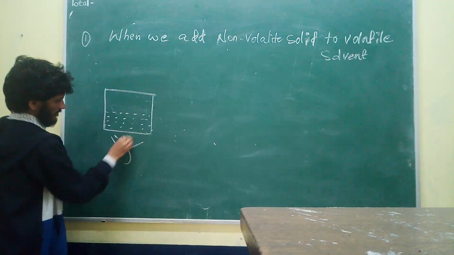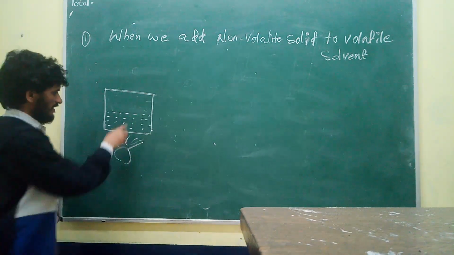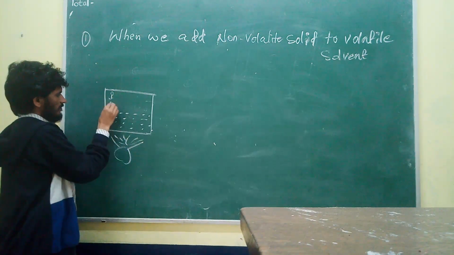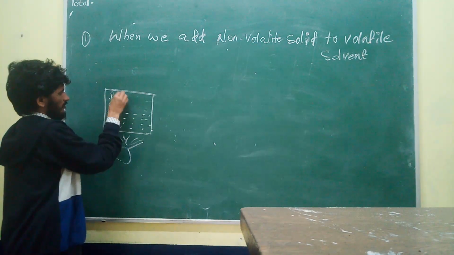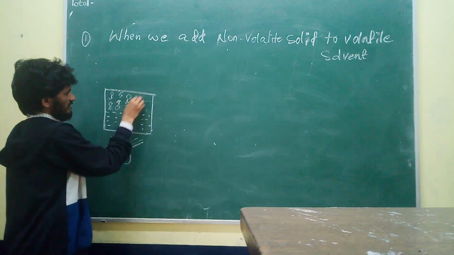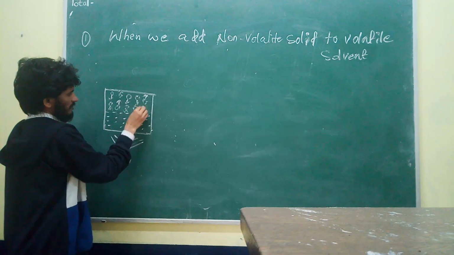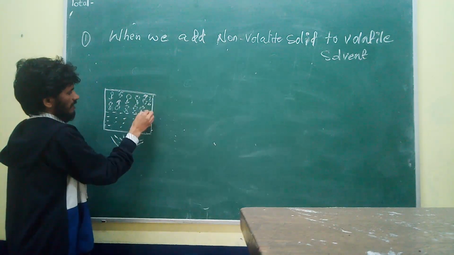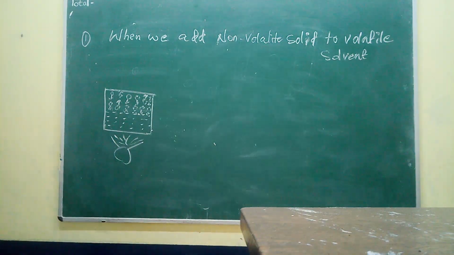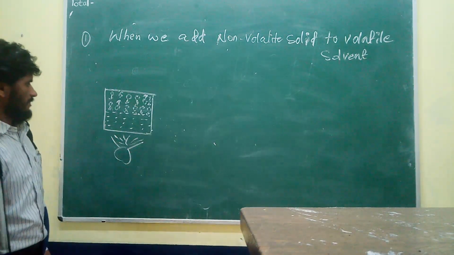When you supply flame to it at equilibrium condition, meaning when the liquid state and vapor particles are in equilibrium, the vapor particles come and strike the surface of the liquid. Due to that, a pressure is applied on the surface of the liquid, which is called vapor pressure, at a given temperature.